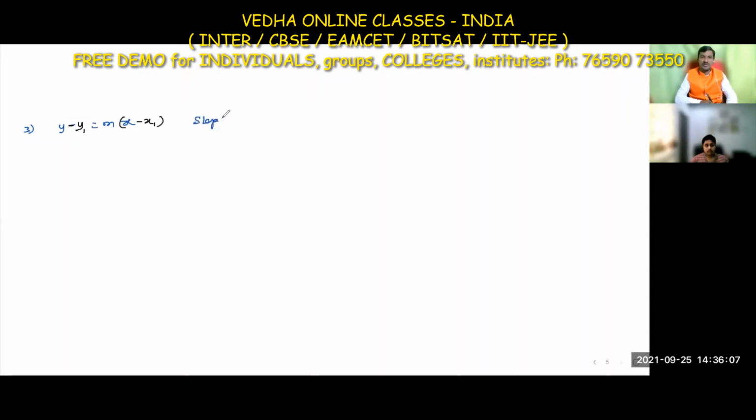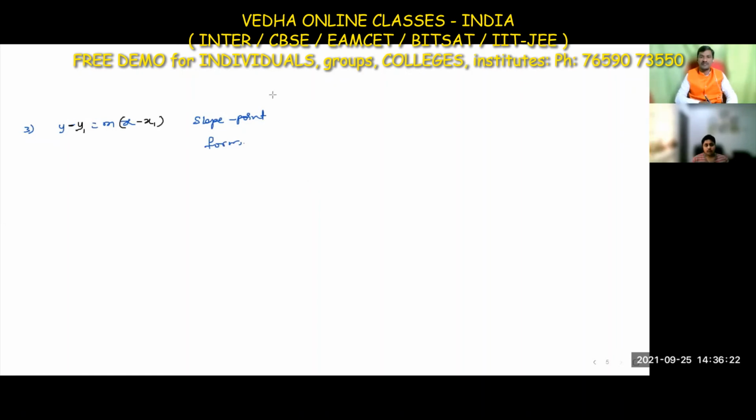This is called the slope point form. We use this formula when we know the slope as well as a point.